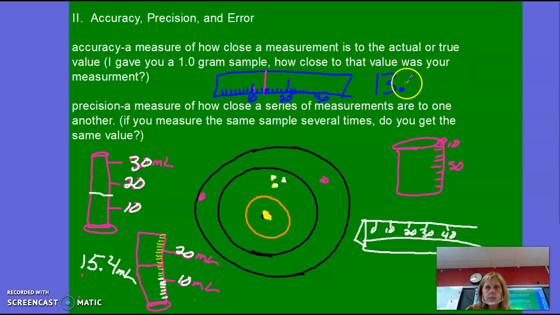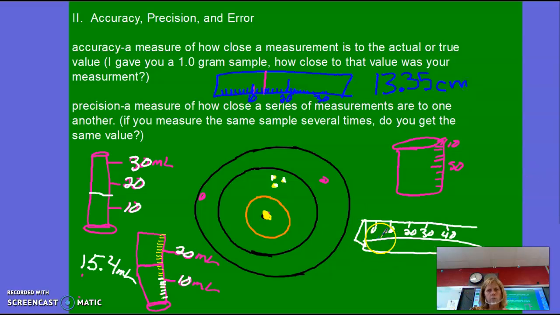So I might say this is 13.3, and then it's between the 3 and 4, so 13.35 centimeters. I can estimate that final digit.